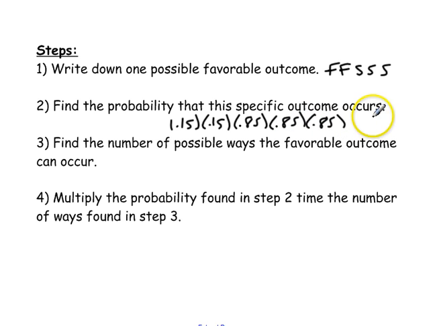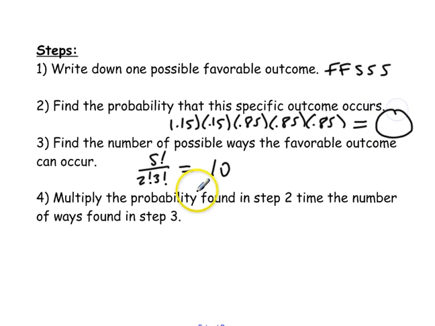That gave us the probability that this specific outcome could happen. Then we found the number of possible ways the favorable outcome could occur. That was when we did 5 factorial over 2 factorial times 3 factorial and got 10. And then the last step was to multiply the probability that we got in step 2 times the number of ways it could happen in step 3, and that gives you your final answer.